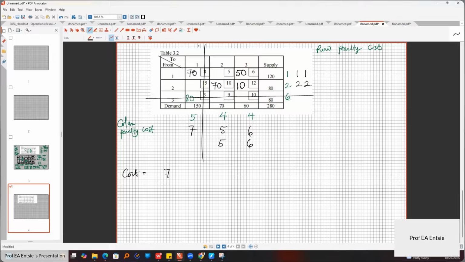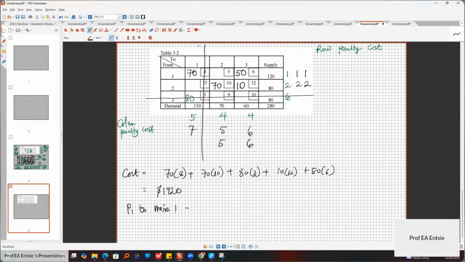So we take 70 times 8 plus 70 times 10 plus 80 times 3 plus 10 times 12 plus 50 times 6, and this should give you $1,920. So same as we did, the amount of concrete we need from plant 1 to mine 1 is what? 70 tons.